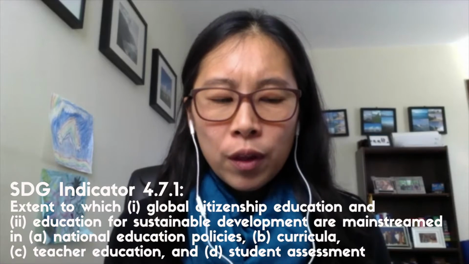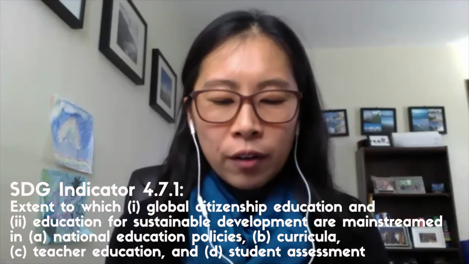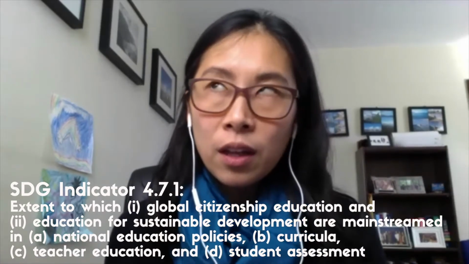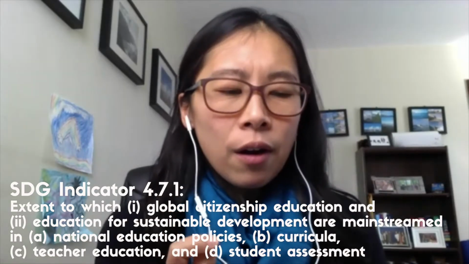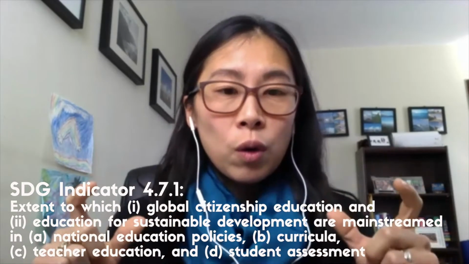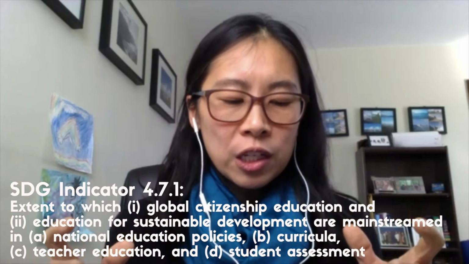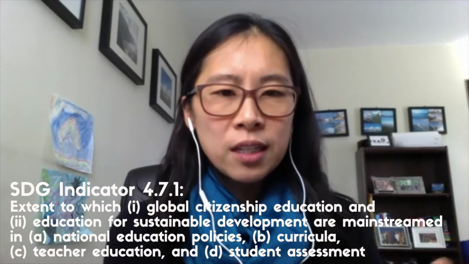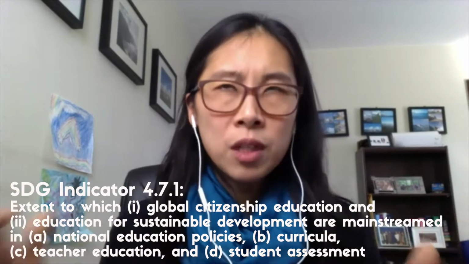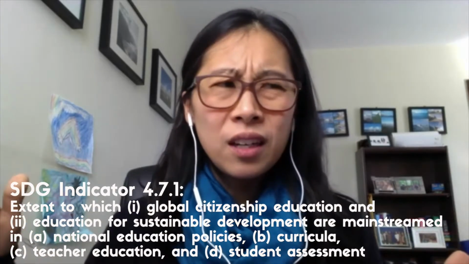So with that, there's now one indicator for 4.7, 13.3, and 12.8 that focuses on what we need to be looking for in regard to education for sustainable development. That's making sure that the particular content is integrated across national curricula, teacher training, policy, and student assessment, I think are the four areas.